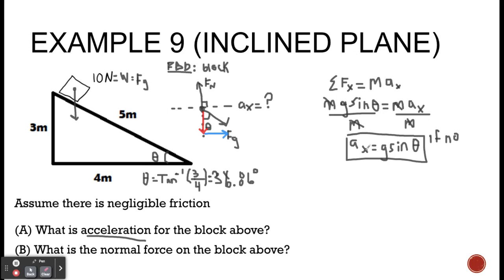On an AP exam, that's a great way to save some time. Again, this is if there's no force of friction, meaning mu is equal to 0. That's a nice shortcut equation that will work every time.